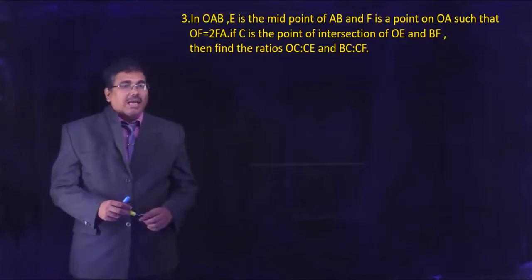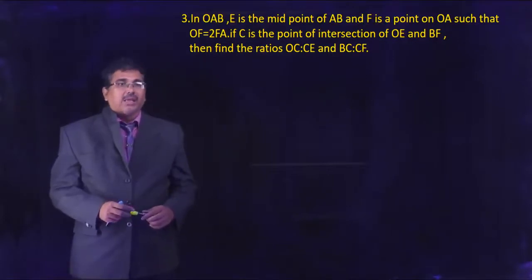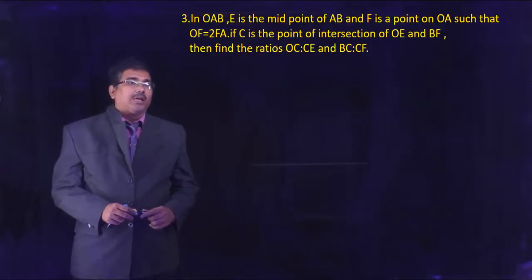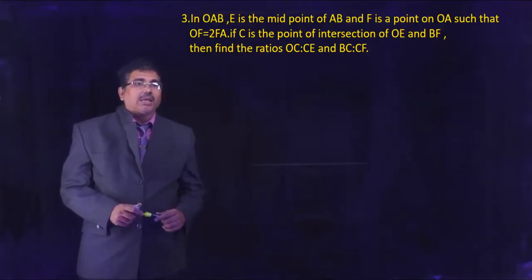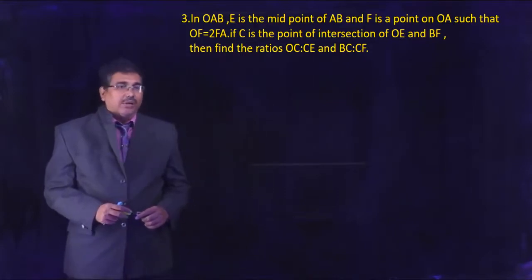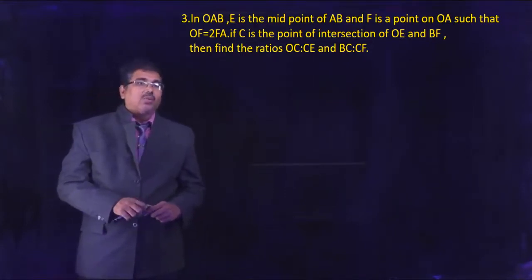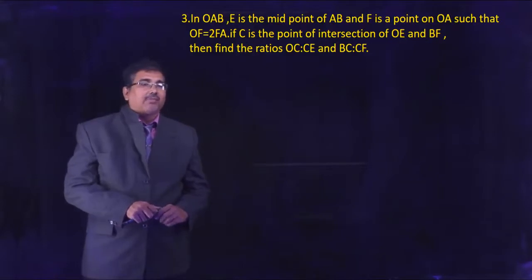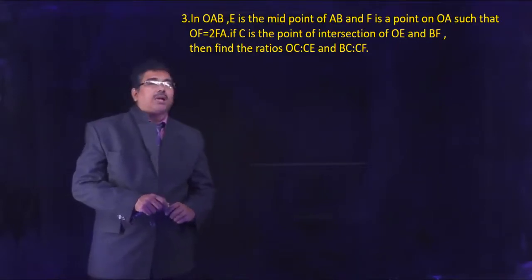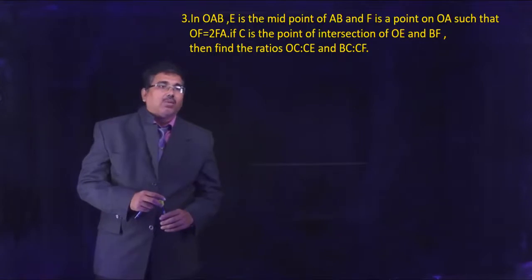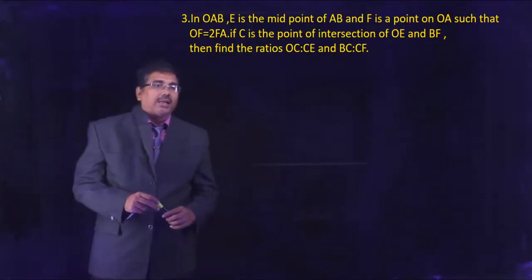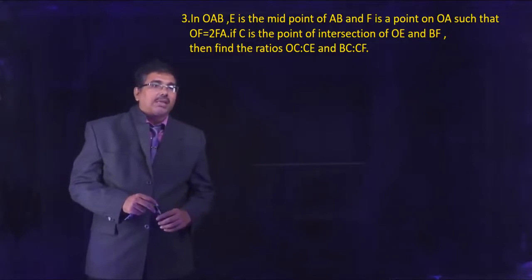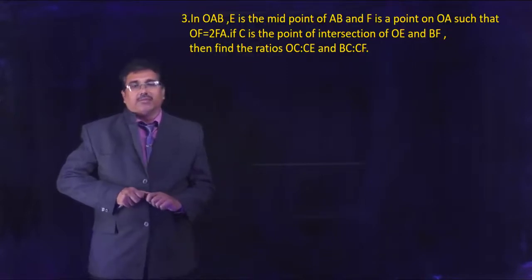In triangle OAB, E is the midpoint of AB, F is a point on OA such that OF is equal to 2 times FA. If C is the point of intersection of OE and BF, then find the ratios OC is to CE and BC is to CF.